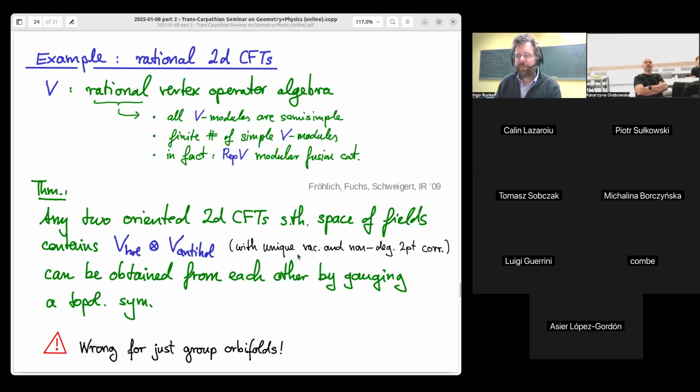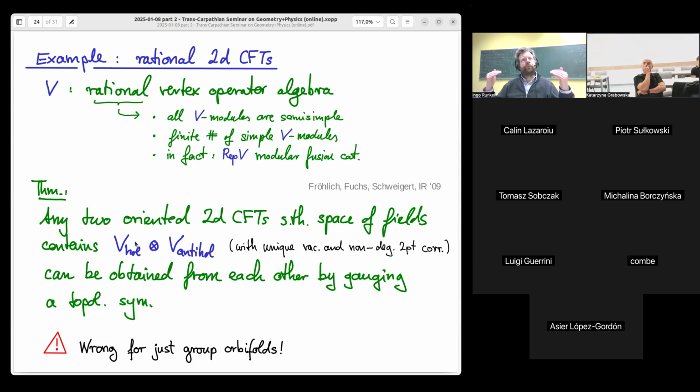Maybe I skip this. I want to say that this procedure is actually quite powerful in conformal field theory. In rational conformal field theory, any two rational conformal field theories with a given fixed rational symmetry are related to each other by this gauging.